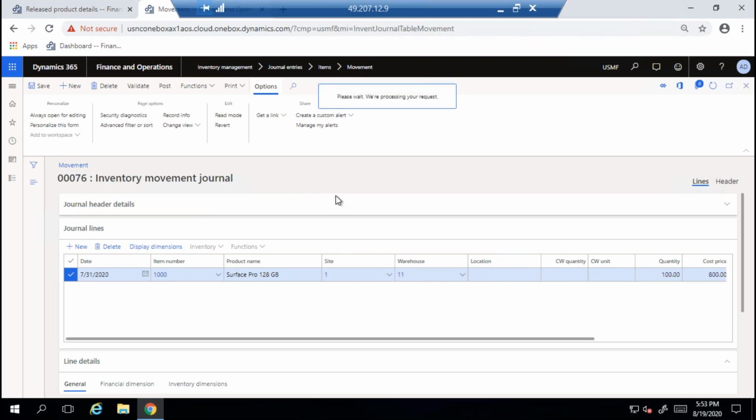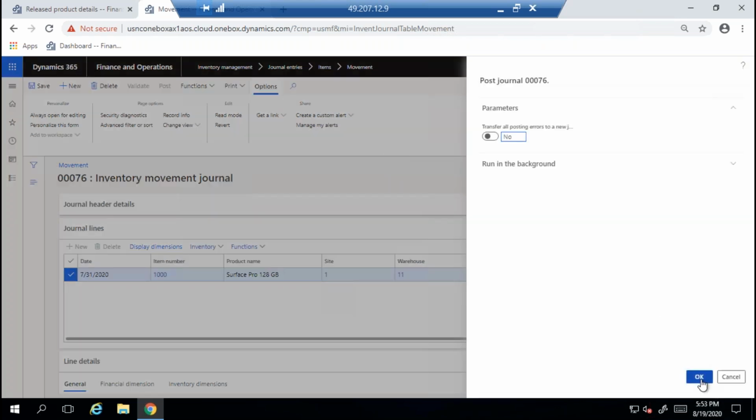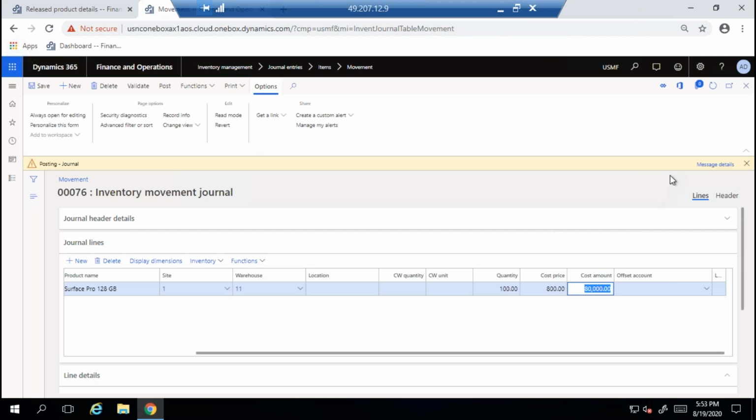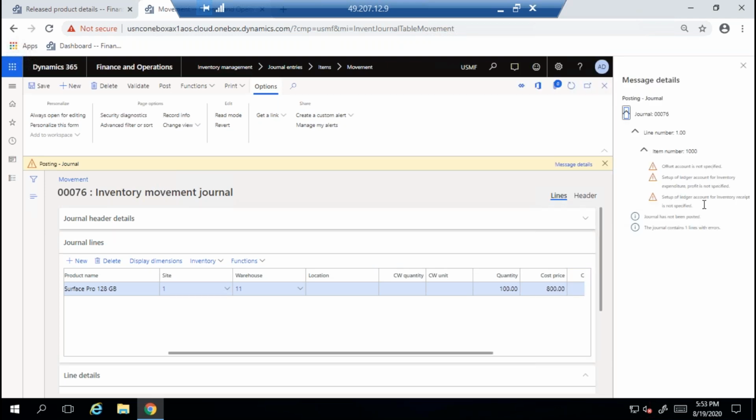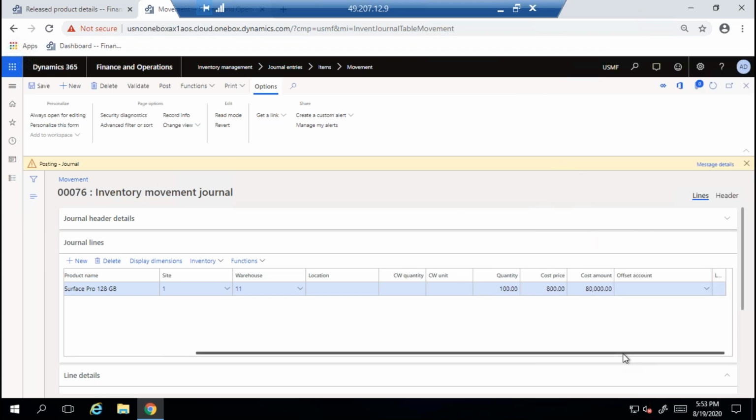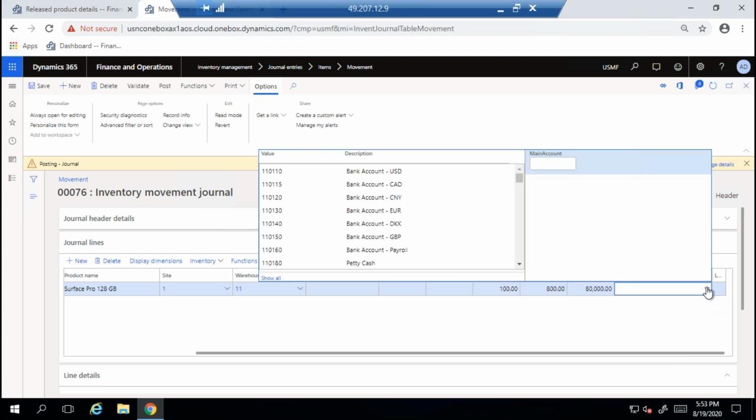Sorry, I am getting an error message. Most probably there is a small setup we need to do. Let me do it. I'm posting. I'm getting some error message because I need to enter the offset account. What it means, for opening stock, the opening ledger account you need to mention.